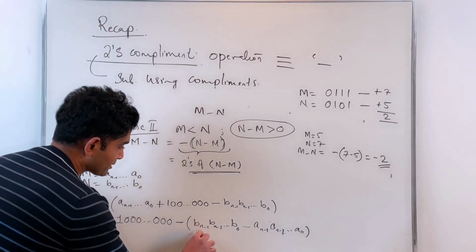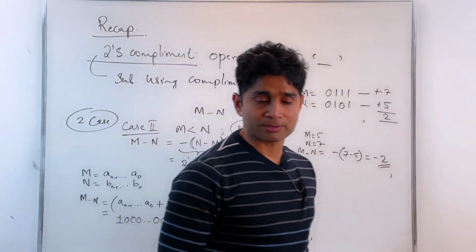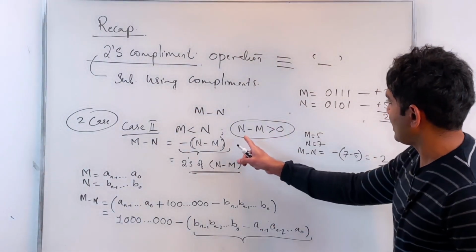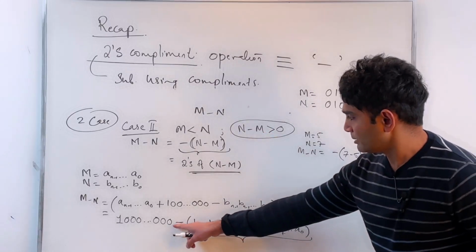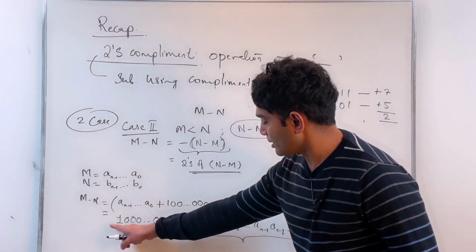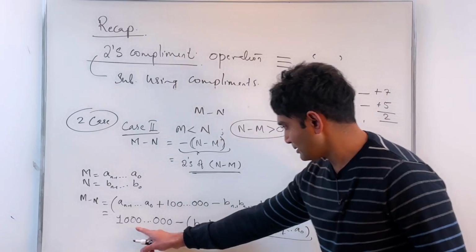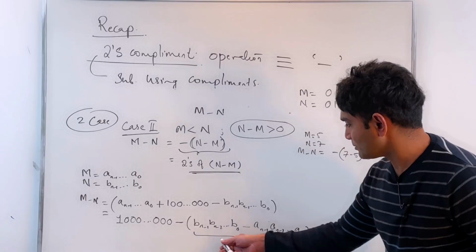Now whatever this quantity is within the brackets, that's a positive quantity, right? Because that is n minus m. N minus m is a positive quantity. Okay, so I have basically 2 to the n minus this quantity.